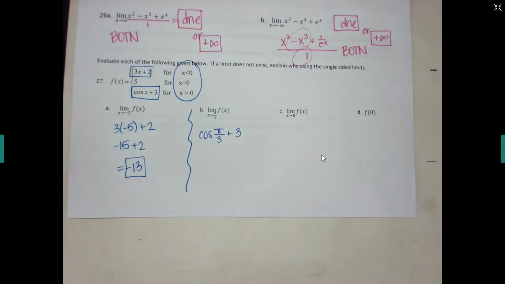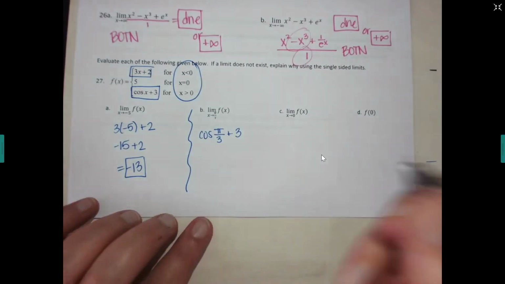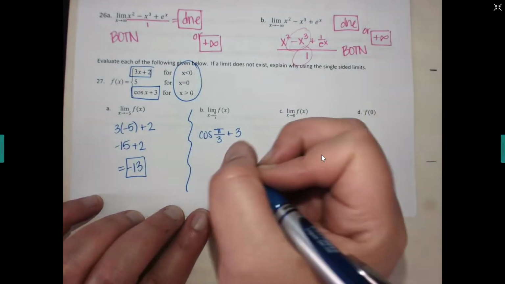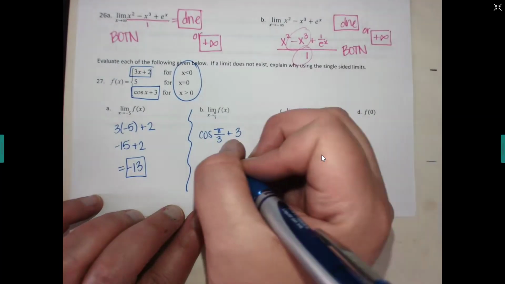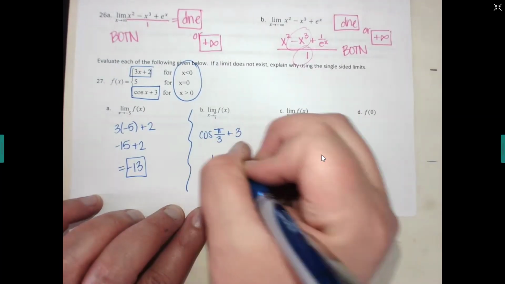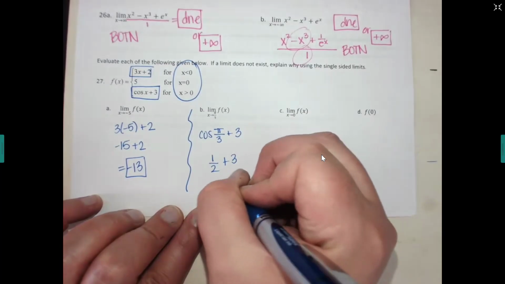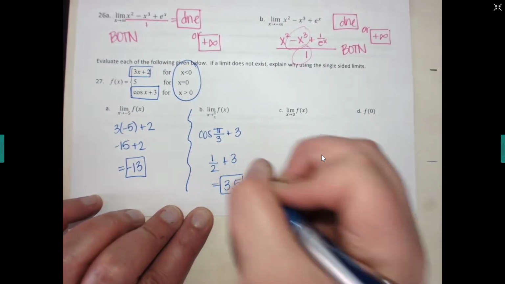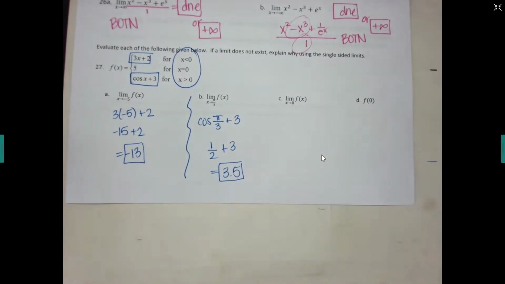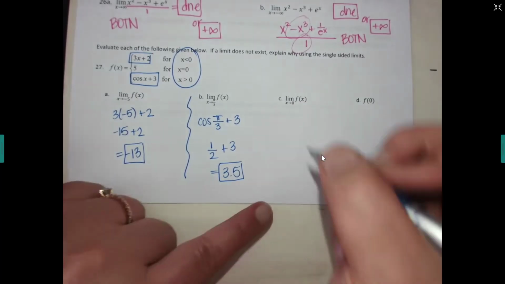And then remember, cosine's up. How many are up there? 1, then it'd be square root of 1 over 2. And what is that the same as? Square root of 1 is still 1, so 1/2. And 1/2 plus 3 would be 3.5. Remember, you're only plugging into multiple pieces if you're at the break point.